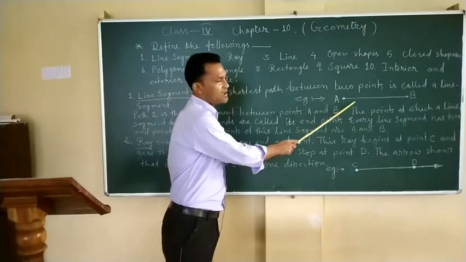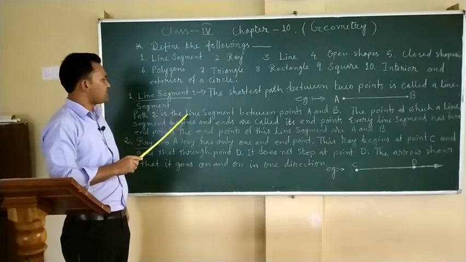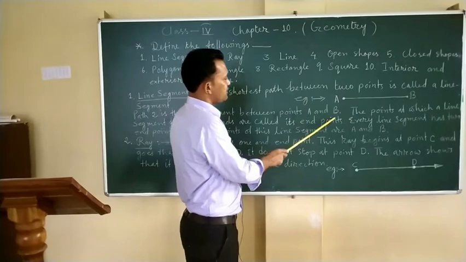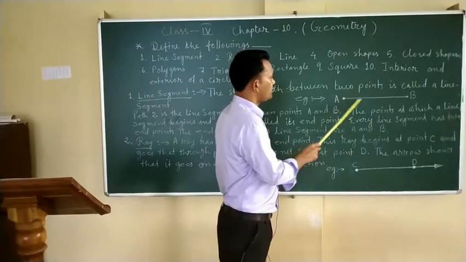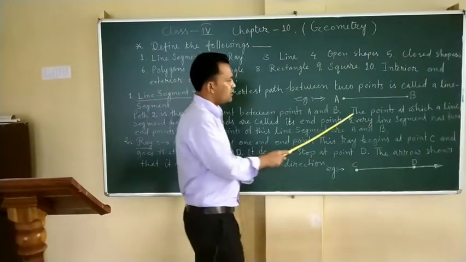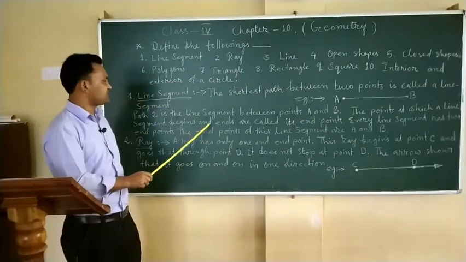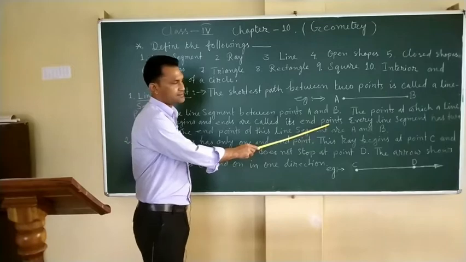Example: here I have given A, B. This is the line segment between points A and B. You see, here 2 points are there, A and B. The points at which a line segment begins and ends are called its end points.